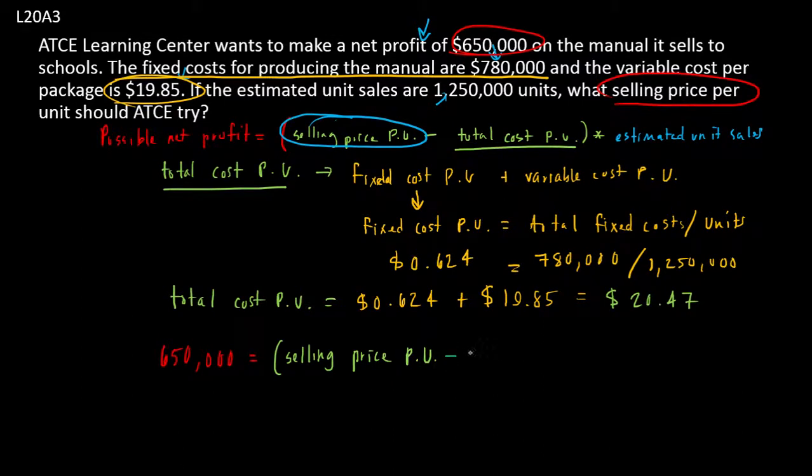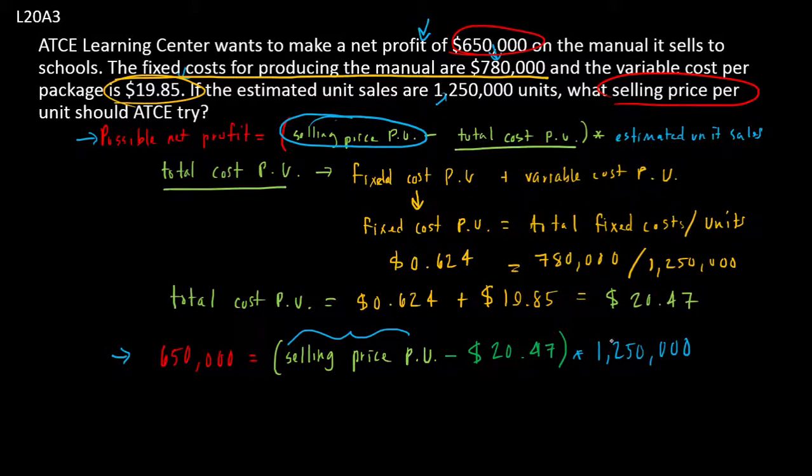So my total cost per unit came out to $20.47. I multiply that by my estimated sales, which was 1,250,000 units. So you'll notice now that I've set up a one variable equation, where selling price per unit is the only variable I have left, and lucky for us this is the variable I'm trying to solve for.